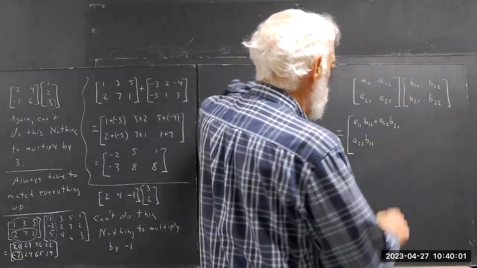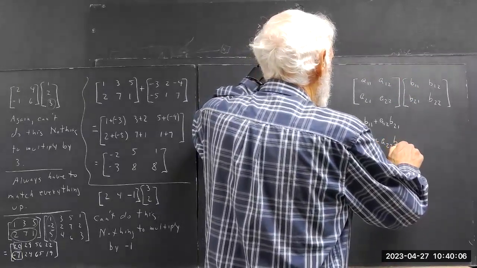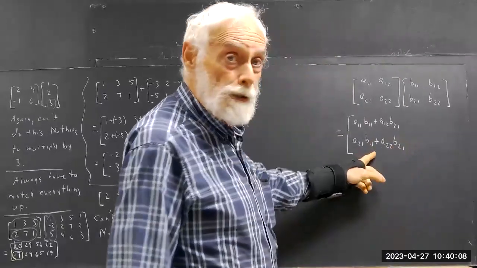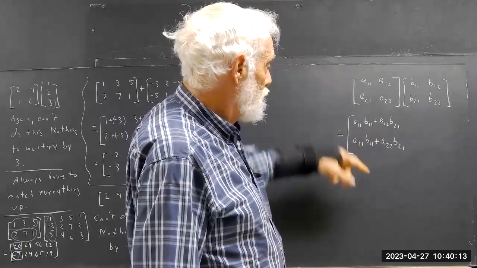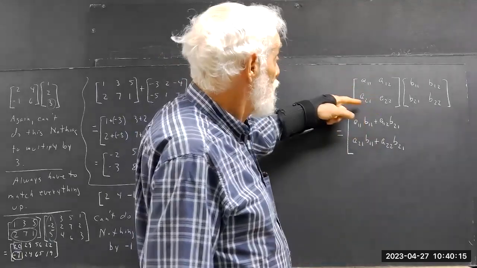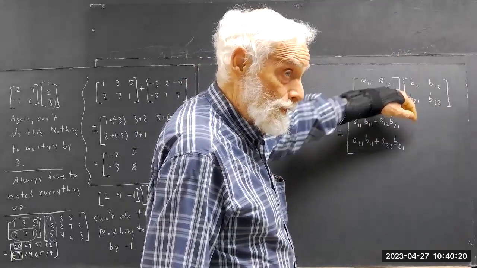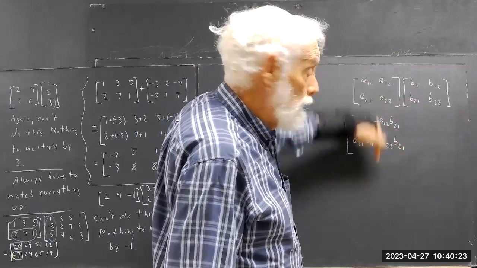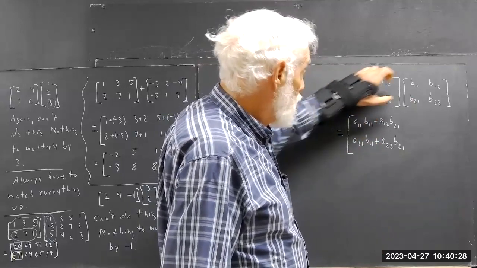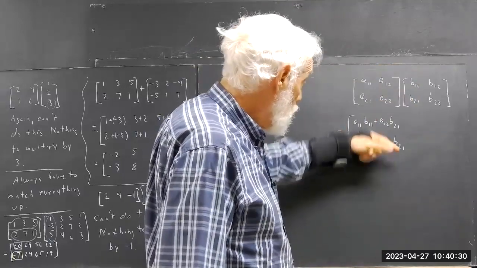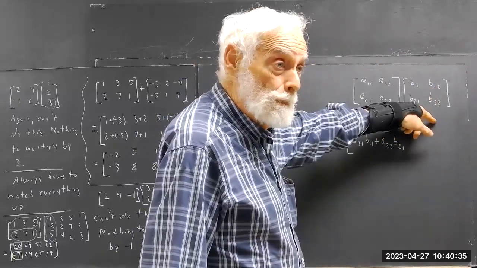And A22 multiplies B21. Now, why did I put it here? It's because you really want to make sure you see that. Okay. This is the second row in the first column, right? So what you get when you multiply the second row by the first column goes in the second row, first column.